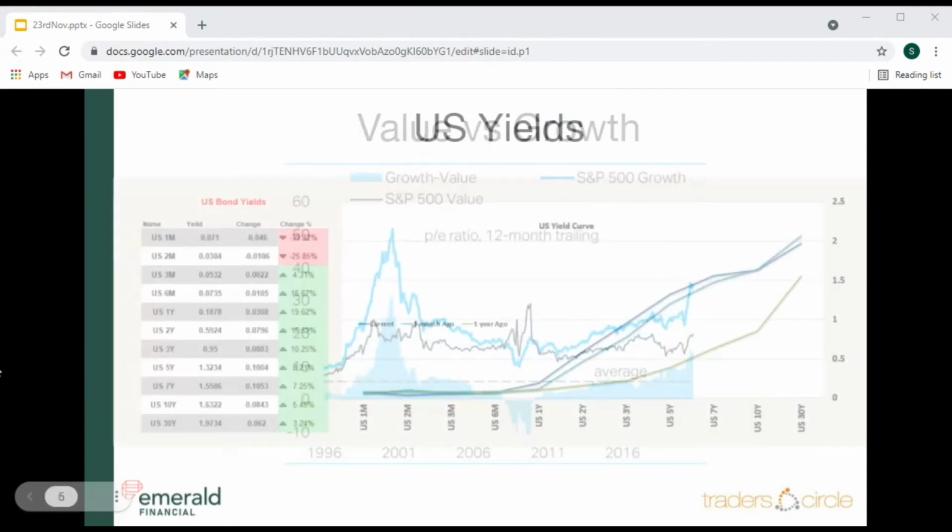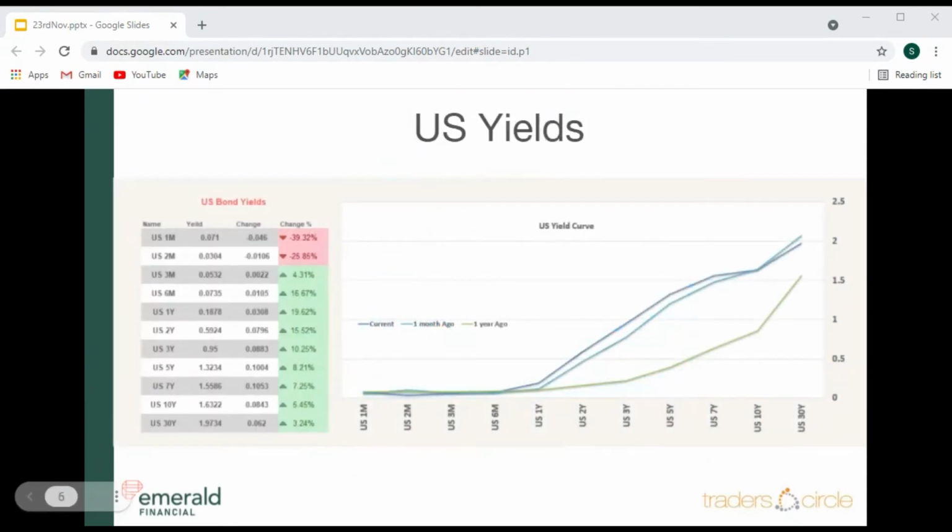So this is a chart here of the US government bond yield curve. This is from our morning market view. So if you ever want to see this chart, you can view our morning market view and gain access to this. And basically what this shows us is that this olive green line here shows the US government bond yield curve from a year ago.